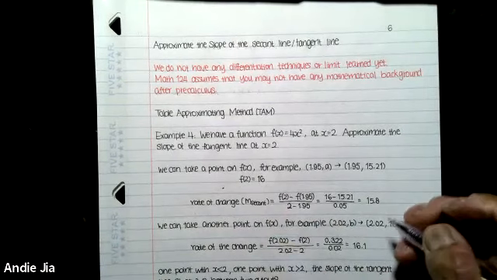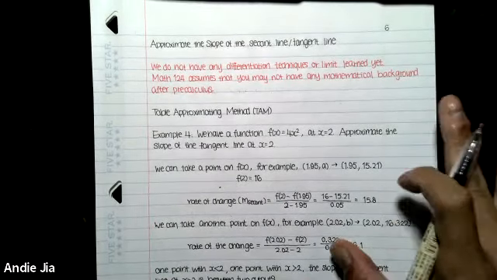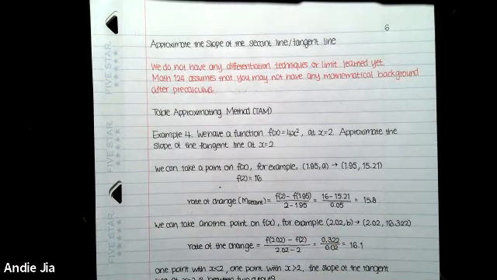Now you can see it's 15.8 and 16.1. Then the slope of the tangent line at x equals 2 is 16. This is correct.